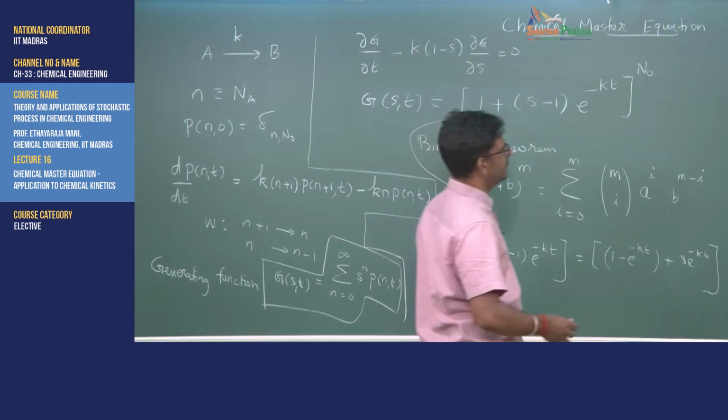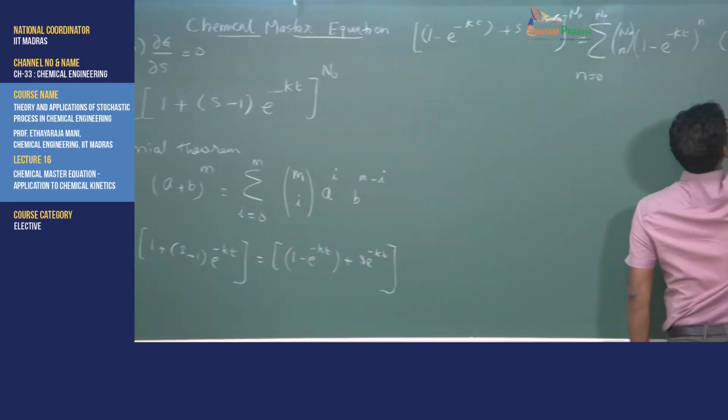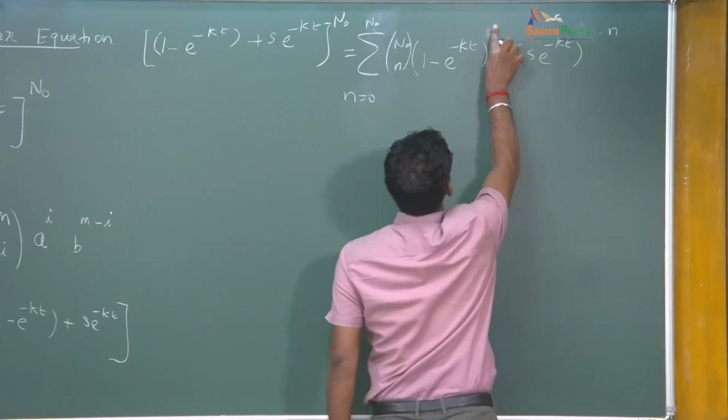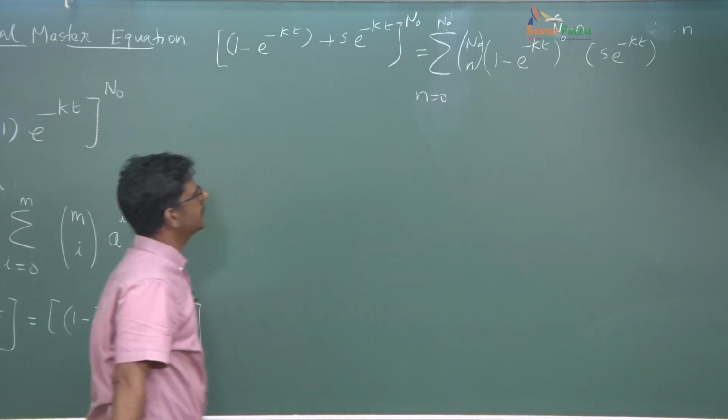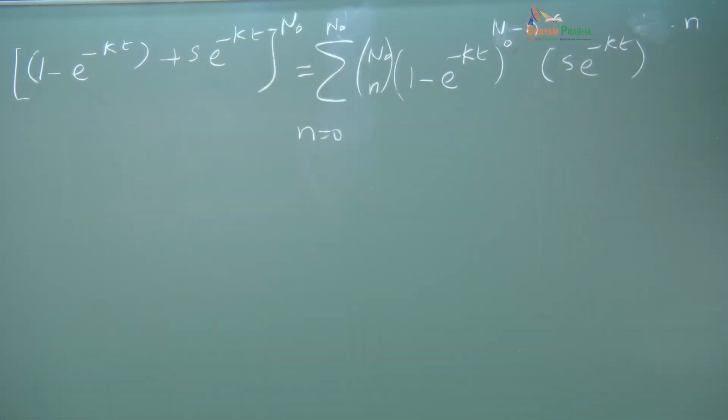Maybe it is better if I write this way. This is n and this is n0 minus n. It doesn't matter which one I call A or which one I call B. Now we will take this expression.